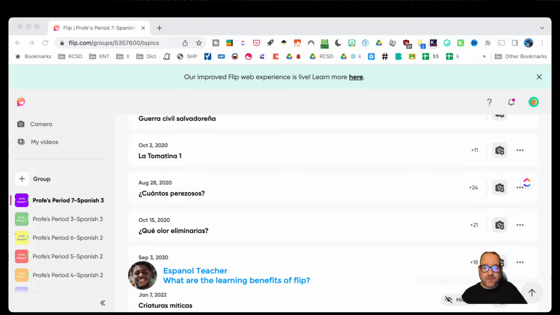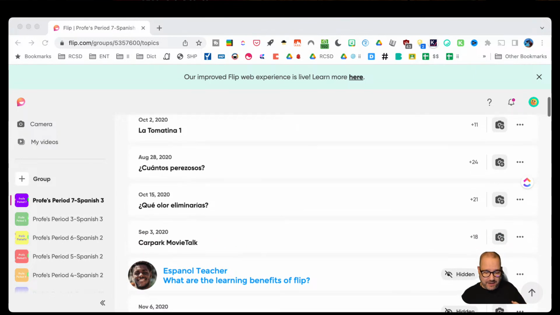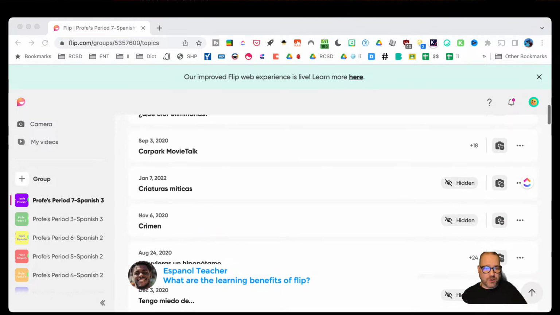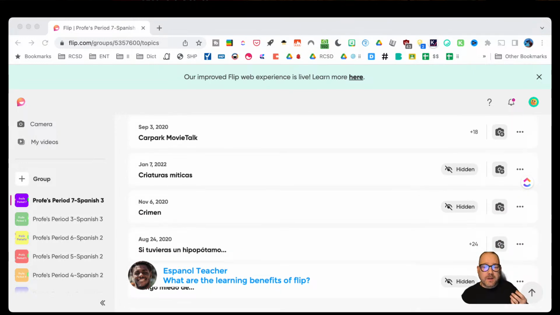But then I have some conversation question ones. How many sloths fit in your bedroom? What smell would you eliminate if you could? When we did a movie talk on Car Park, I had them tell me 3 things about the video that we watched. Mythical creatures: what creature would they choose to be if they could?